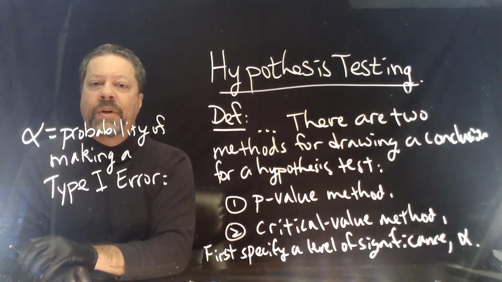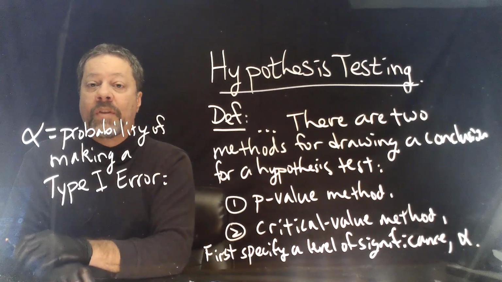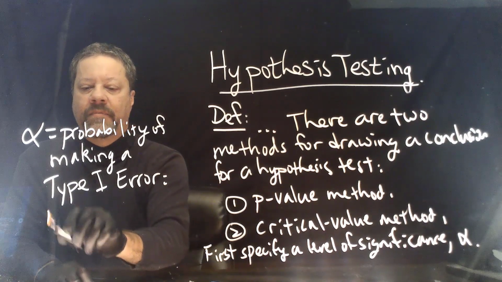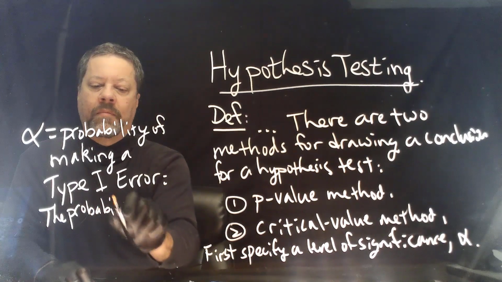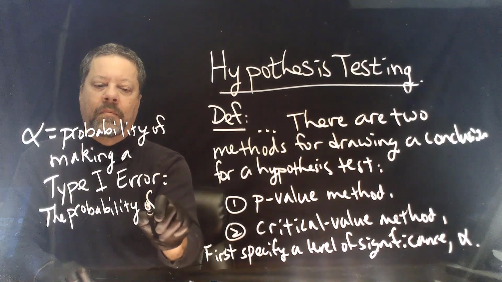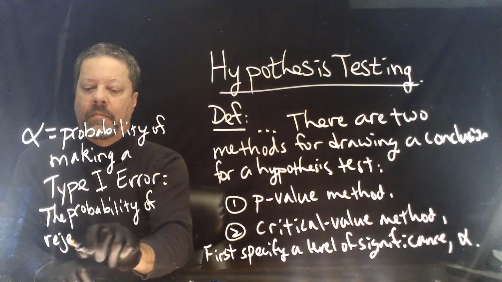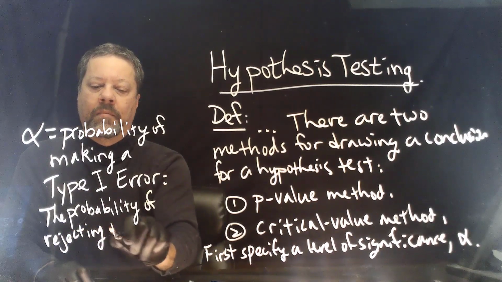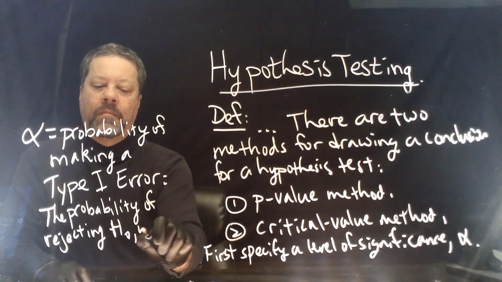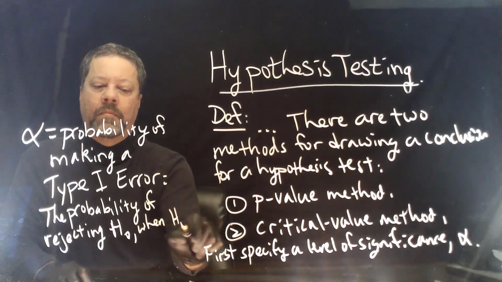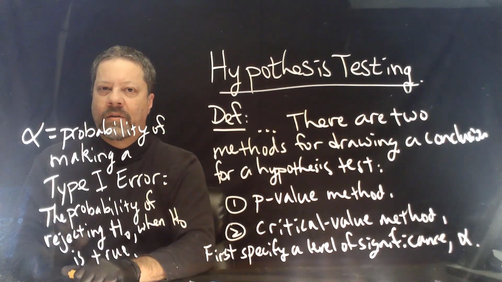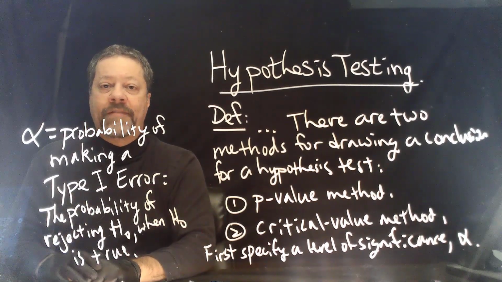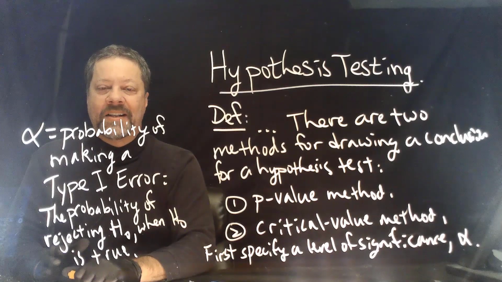Type 1 error is when you reject the null hypothesis when the null hypothesis is true. We will always have that possibility in statistics and with hypothesis testing.